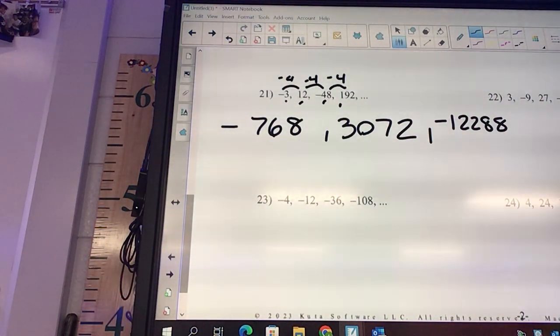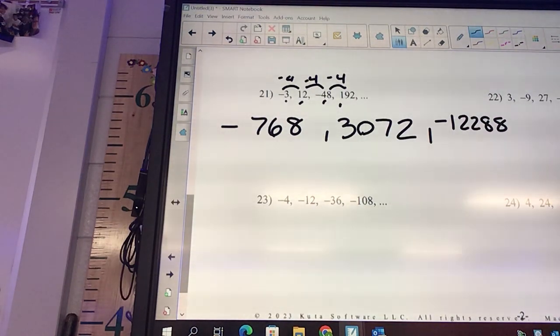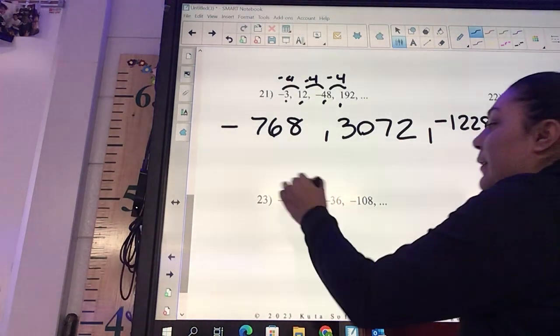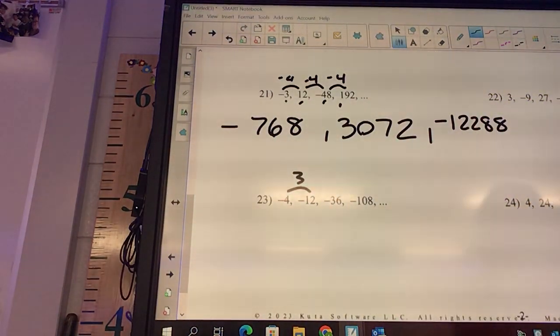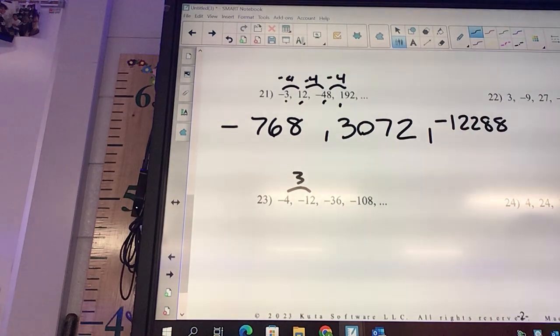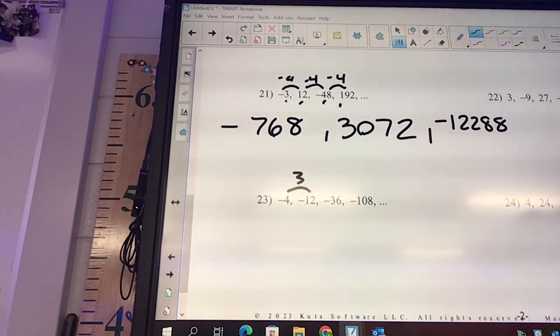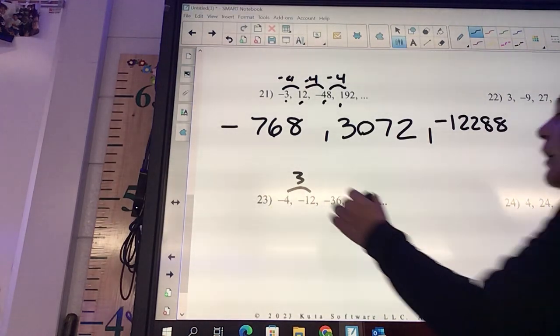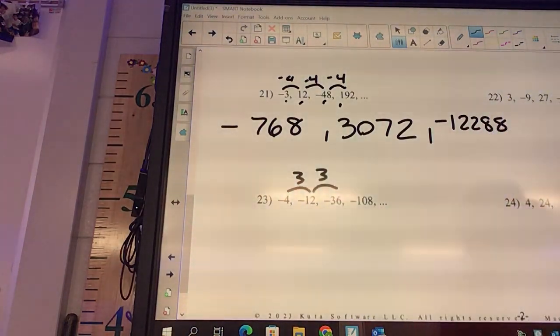Okay, 23. What is the common ratio? What's the number for sure? The number for sure is 3. Okay, does it need to be negative? Negative 4 times 3 is what? Negative 12. Negative 12 times 3.